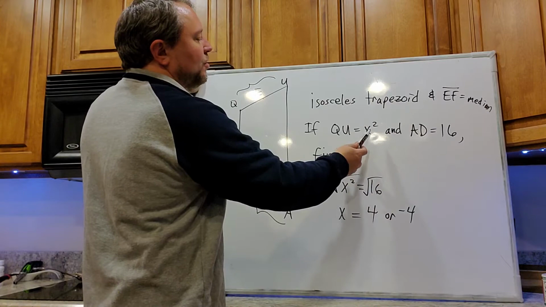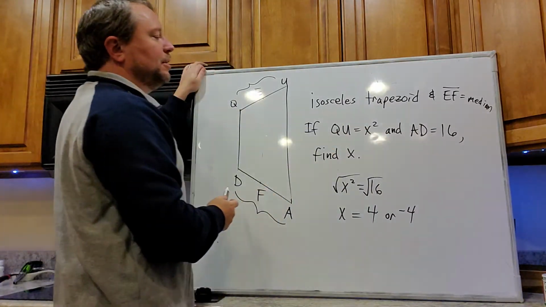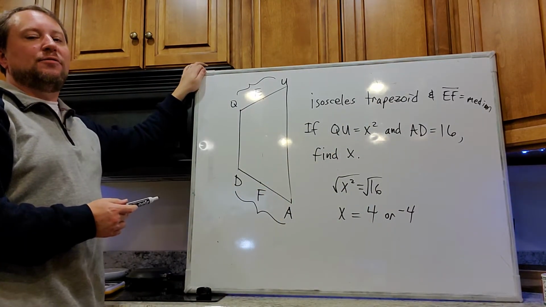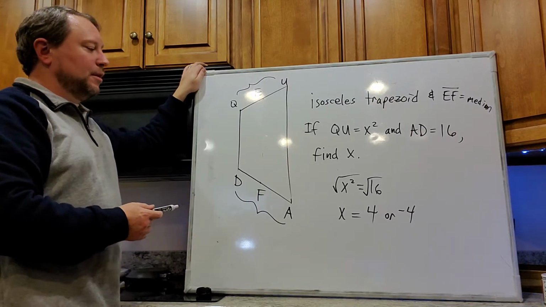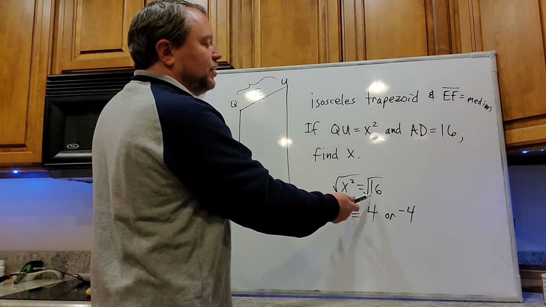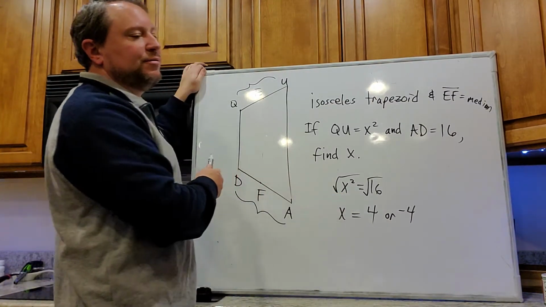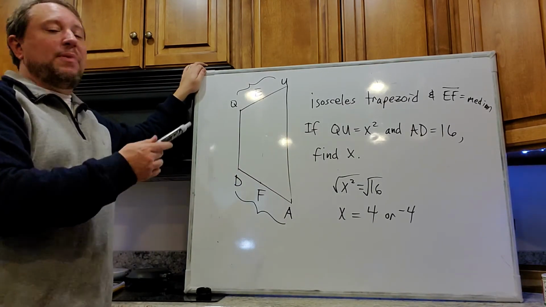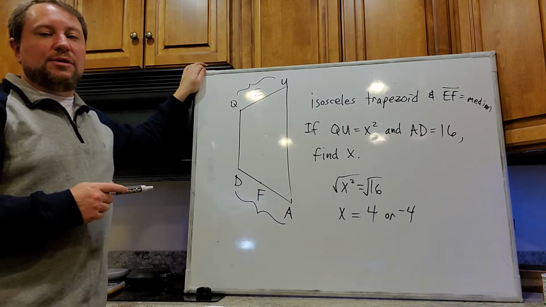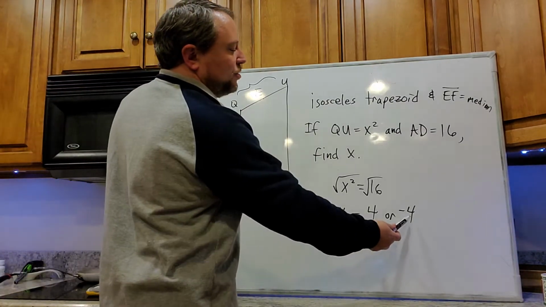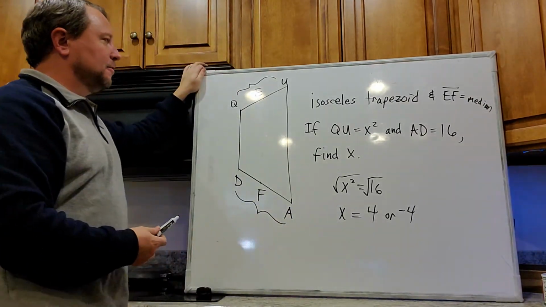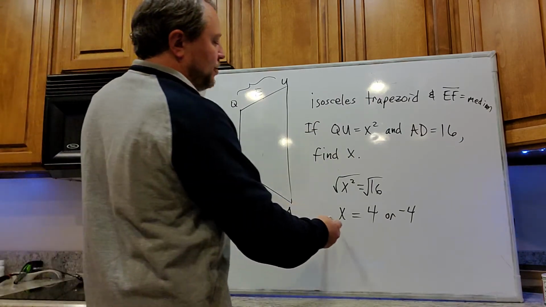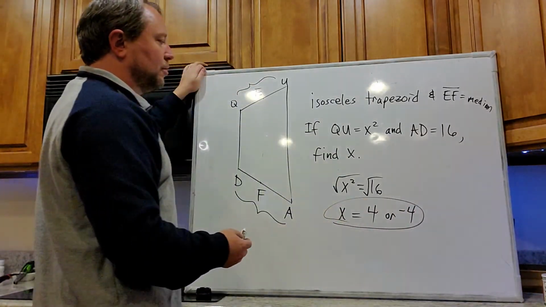So -4 fits in there and still gives you 16. So x could be either one, +4 or -4. The problem with the calculator is that when you do a square root, it always just gives you the one answer, the positive answer. But way back when you first learned about square roots, they should have taught you that there's actually 2 possibilities. All right, so there's your answer on that one, 4 or -4.